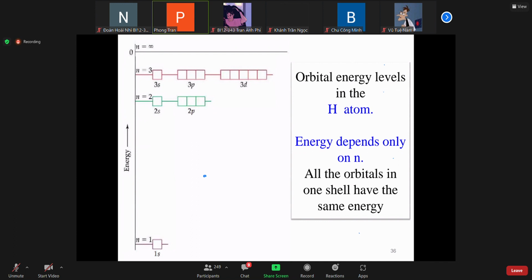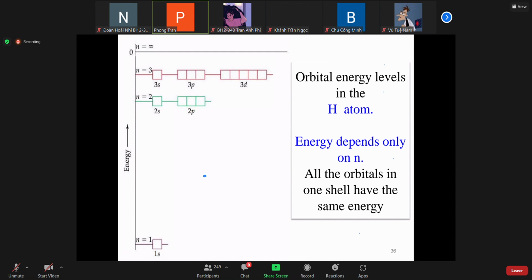So orbitals have orbital energy levels in the hydrogen atom. You can see here in the diagram, and you can say that an orbital is defined by a set of 3 quantum numbers, but the energy of the orbital depends only on the value of n.